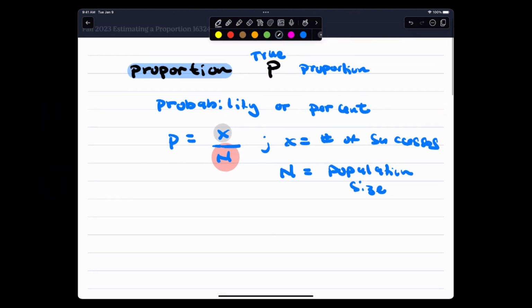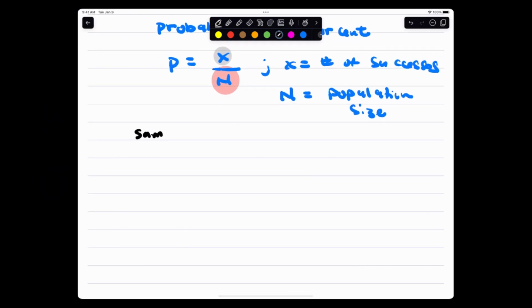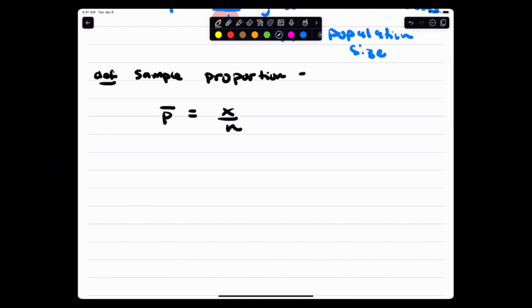But of course, we're going to have to take a sample. So we have something called a sample proportion. A sample proportion, ladies and gentlemen, is a proportion from a sample. And we designate the difference with P hat, okay? That's the same definition. The only difference is you now have a sample and a sample size n.